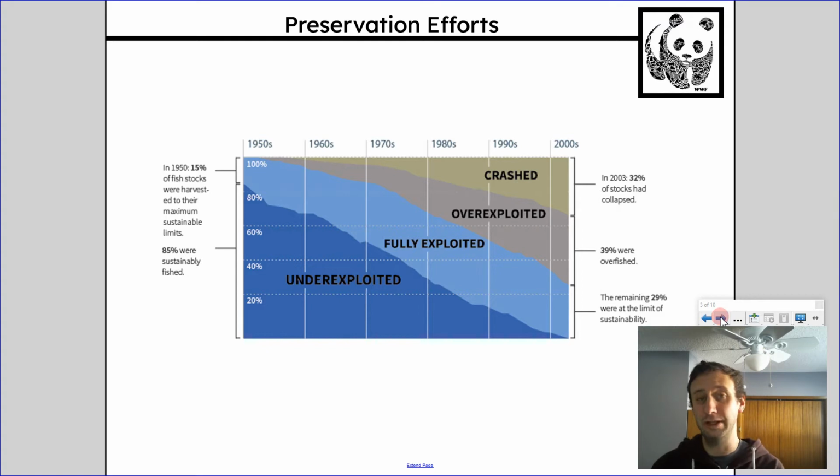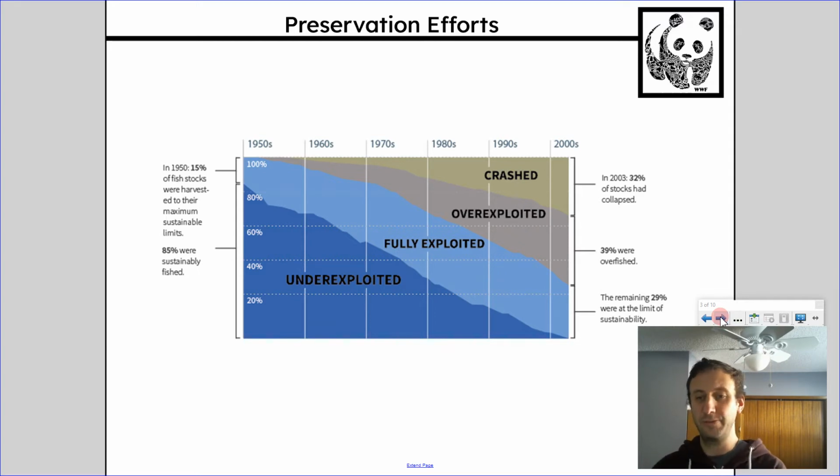They were underexploited, so more fish were being produced by breeding and so on than were being fished. 15% were harvested to their maximum sustainable limits, which means the population was staying steady even with the fishing.